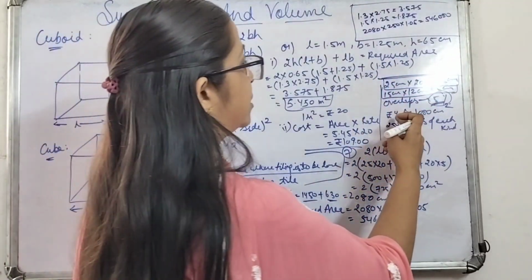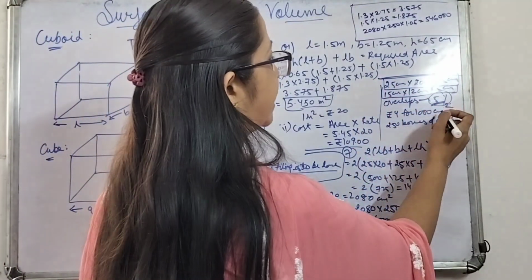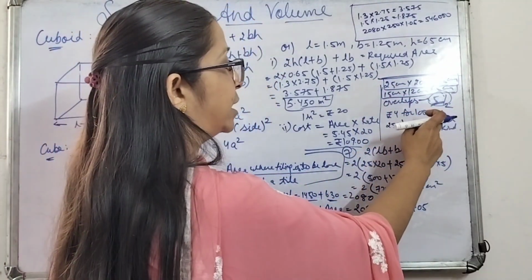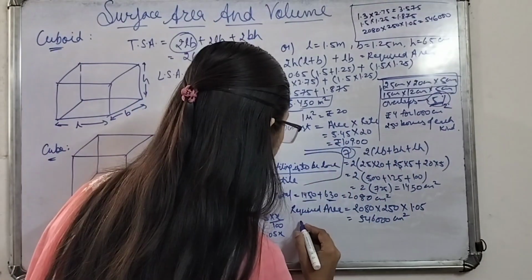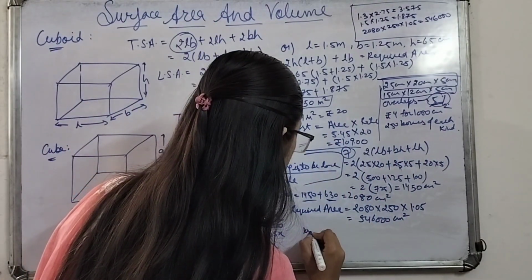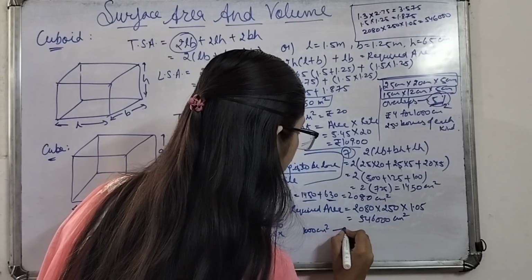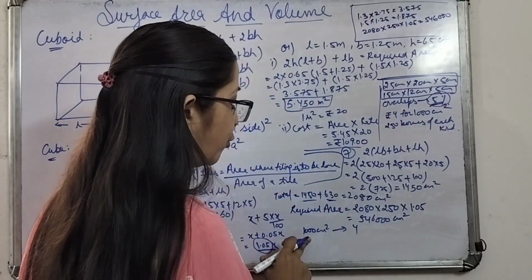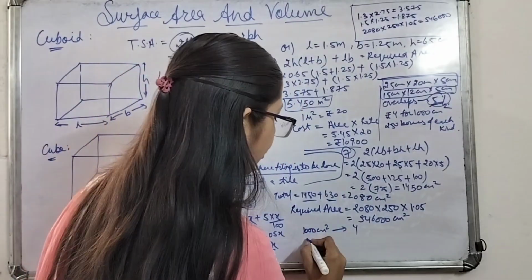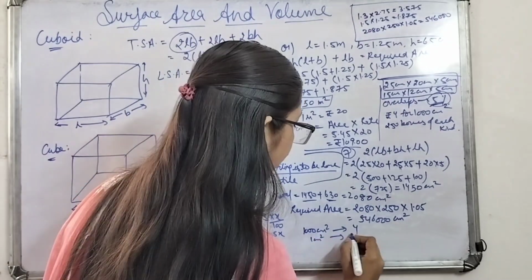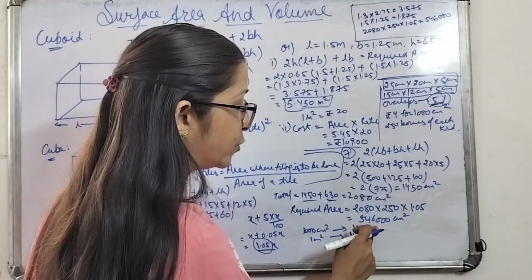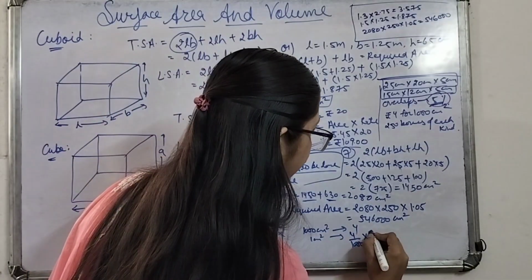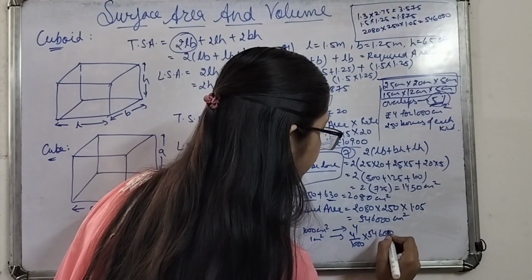Now see, the cost is rupees 4 for 1000 centimeter square. So for 1 centimeter square, cost will be 4 divided by 1000, and for this much centimeter square it will be multiplied by 546,000.